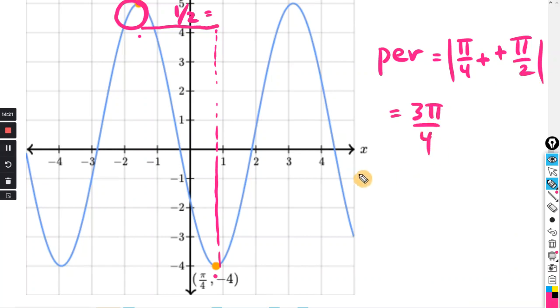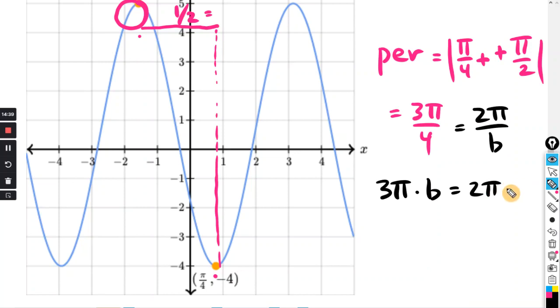So that's the period. We know the formula for period equals 2 pi over b. All right, so we need to solve for b. Cross multiply, 3 pi times b is going to equal 2 pi times 4. Solving for b, divide both sides by 3 pi.